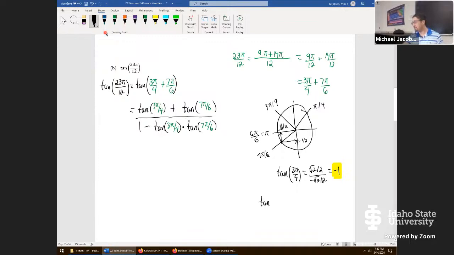So next, tangent at 7 pi over 6. Yeah, that sounds about right. At 7 pi over 6, we put in the sine value, negative 1/2, divided by the cosine value, negative root 3 over 2. And this is going to simplify. If you're dividing by 2 in the numerator and denominator, that's just an automatic cancellation, so you can take that shortcut right now.